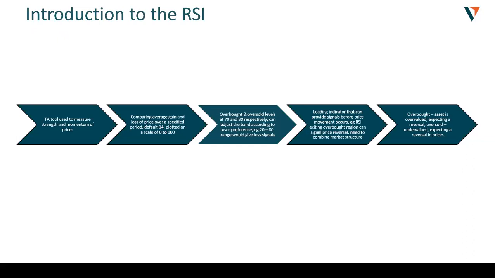So let's take a look at RSI. Before we start the session, let's just take a look at what RSI is. This is actually a quick recap of our previous session. RSI is a technical indicator, and what it does is that it measures strength and momentum in prices.